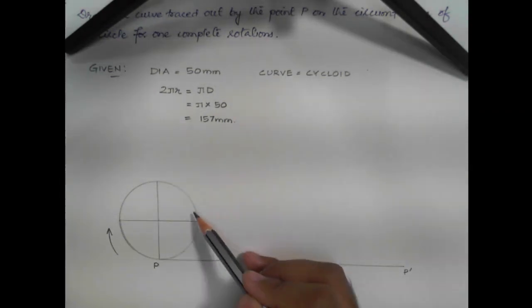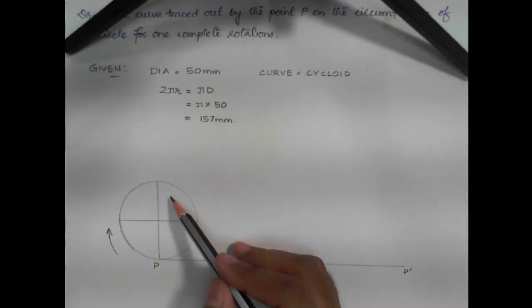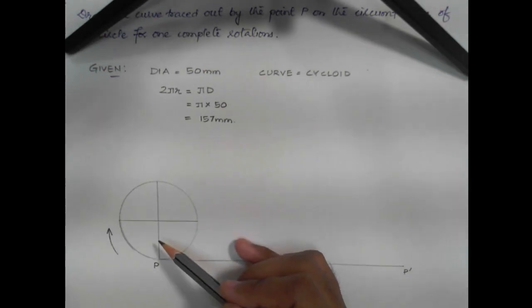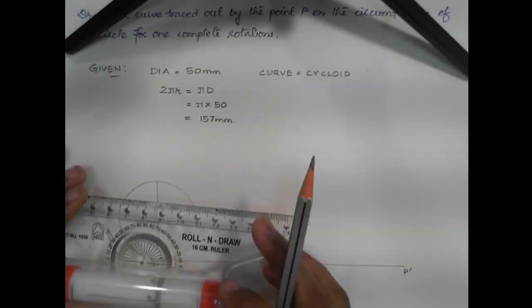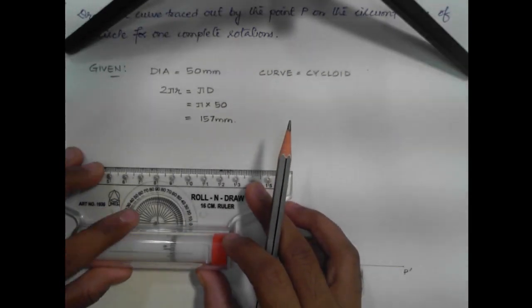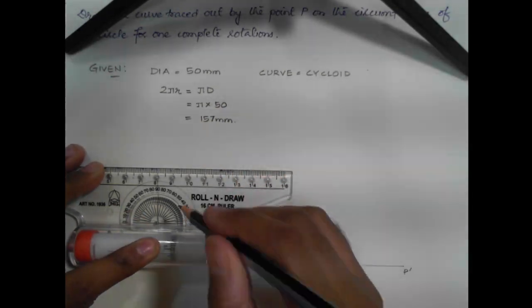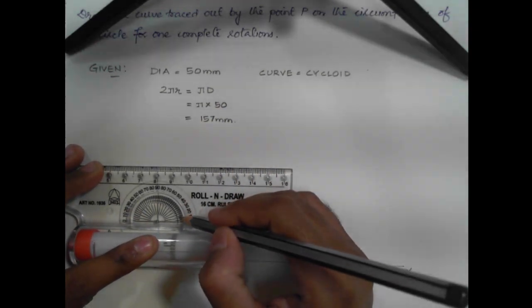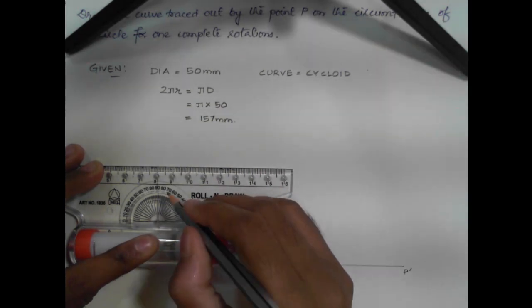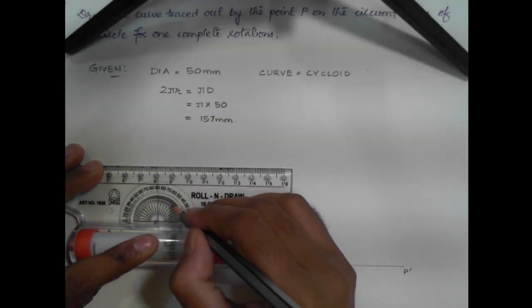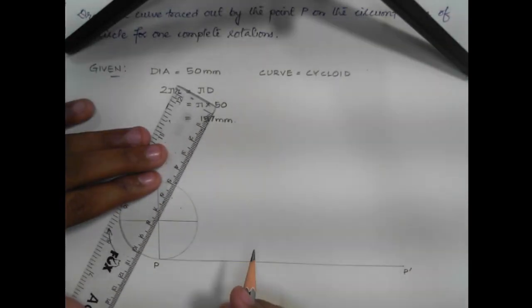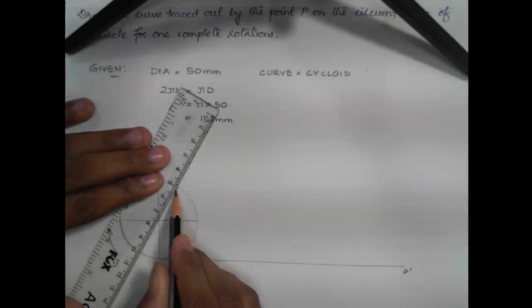If this is 90 and we divide this part into 3 parts, each part will be 30, 30, 30, and with 4 such quadrants it becomes 12 parts. So I will keep my protractor down here, and mark 30, 60, and so on. I will divide the circle into 12 equal parts.